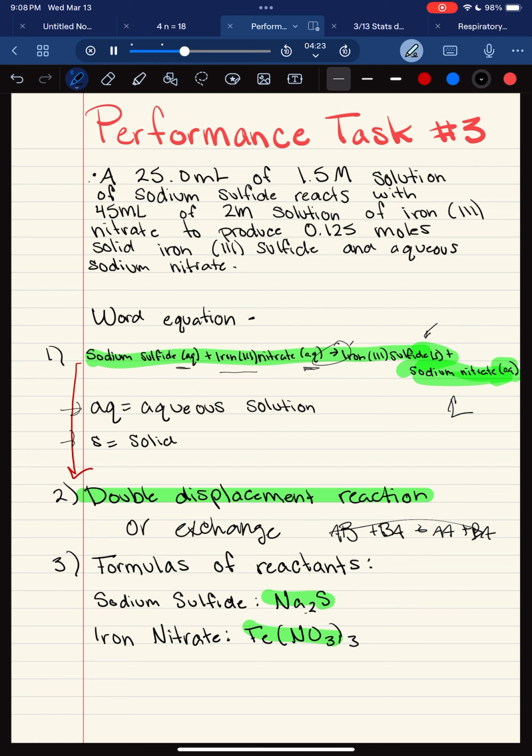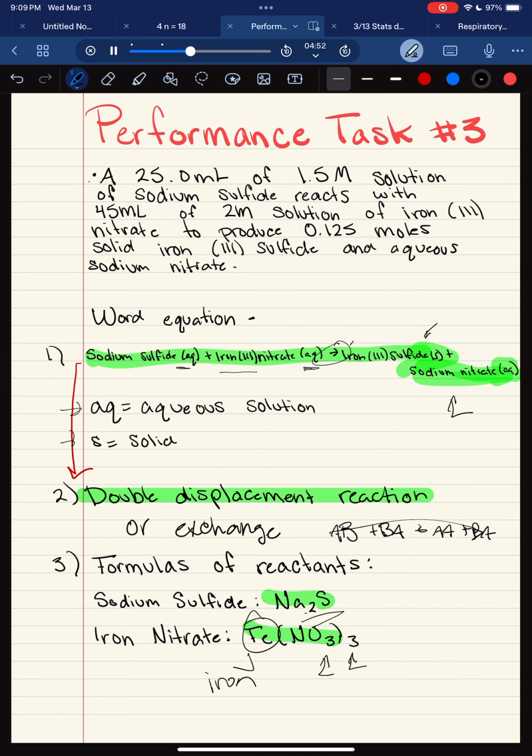And then we have our iron nitrate, which is Fe(NO3)3. Fe is our iron, and the NO3 part represents the nitrate ion. So we have the NO3 with the subscript 3 outside of the parentheses.